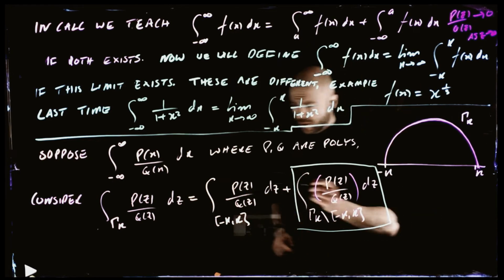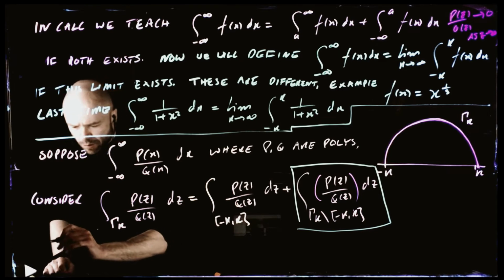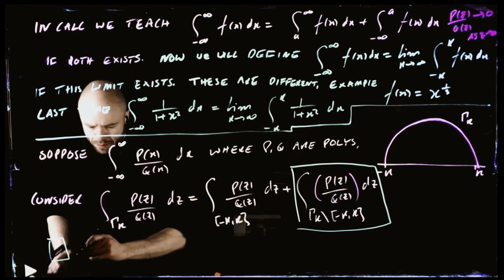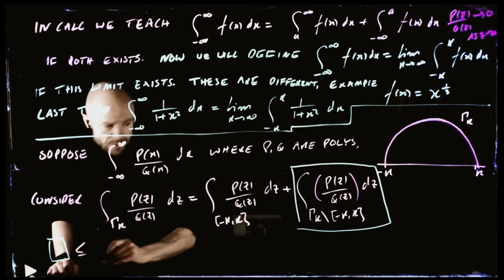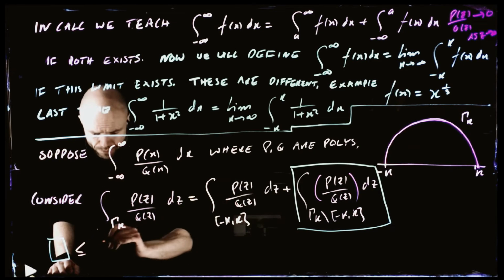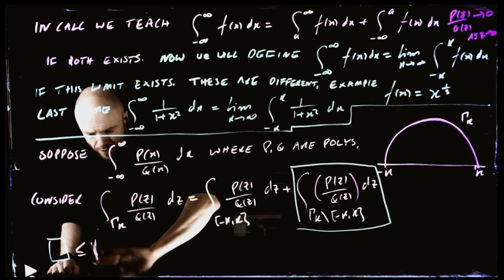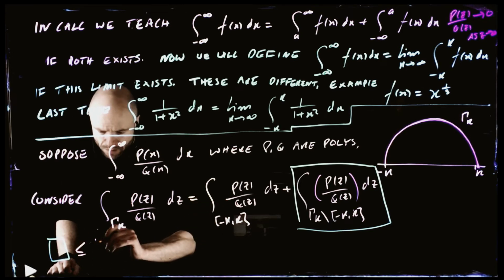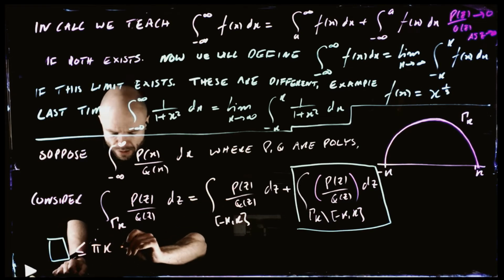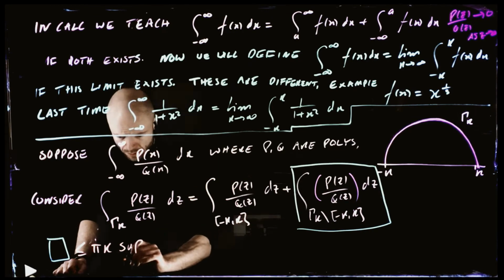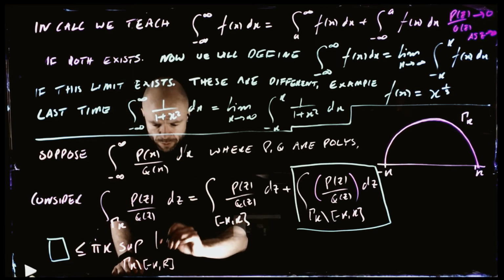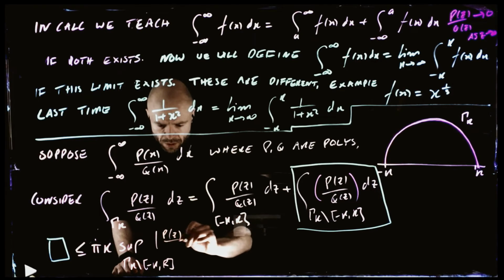So let's try and estimate this thing in the green box. The thing in the green box is less than the length of the curve, which is just pi times r, times the supremum over this set right here of the absolute value of P of z over Q of z.